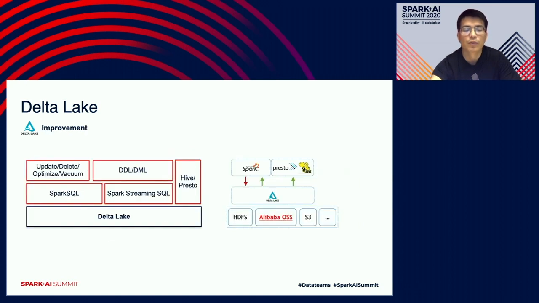Our team also made lots of improvements to Data Lake. Firstly, we provide SQL support for some operations of Data Lake, like update, delete, optimize, and vacuum, etc. And we provide streaming SQL related DDL and DML.